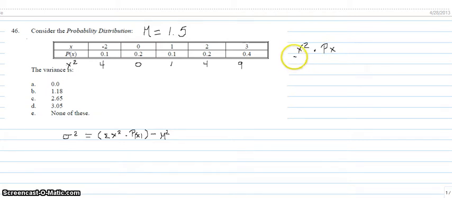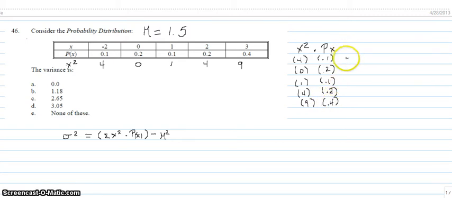So we have 4 times 0.1. We have 0 times 0.2. We have 1 times 0.1. We have 4 times 0.2. And we have 9 times 0.4.